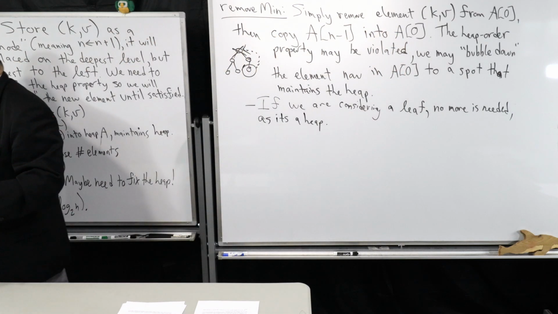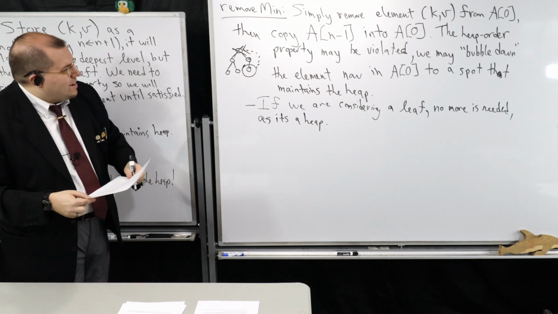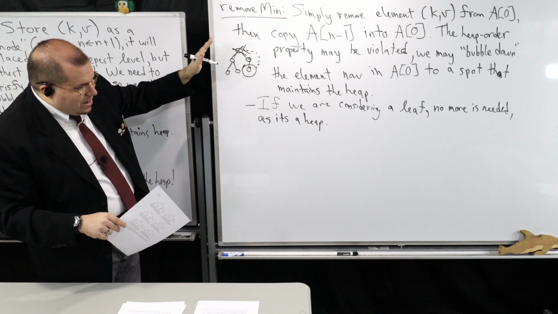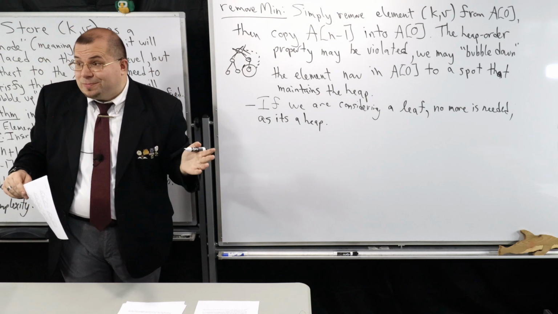It means I only have one element. That's what I'm saying: the element that I moved up here, that node, is in fact a leaf. That means it's already a heap.